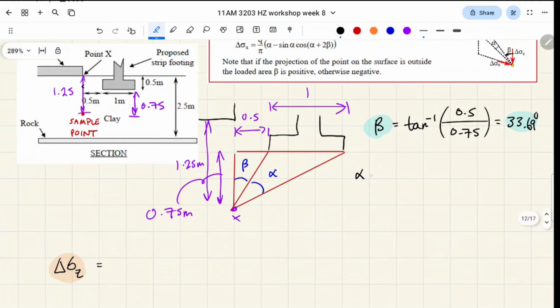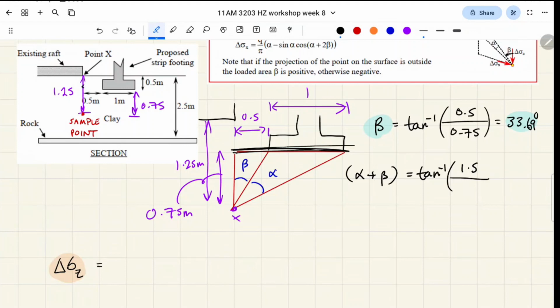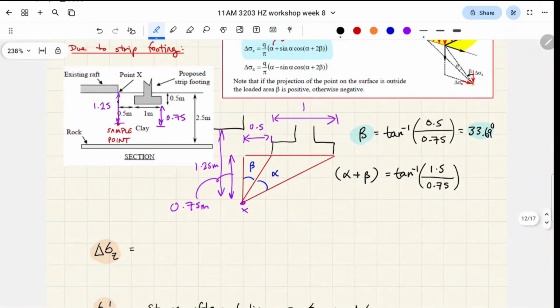So what we're going to do is combine that angle, alpha plus beta, and do the exact same thing, tan inverse rise over run, but that rise is going to be different now. That rise is going to be 1.5 meters, right? We're talking about this rise over that entire big triangle, divided by 0.75. That total angle will be 63.43 degrees, right?